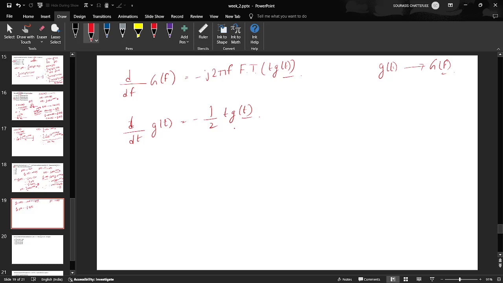Okay, so therefore that means minus t g(t) is equal to 2 times d/dt of g(t), and therefore the Fourier transform of minus t g(t) is equal to 2 times the Fourier transform of d/dt of g(t).